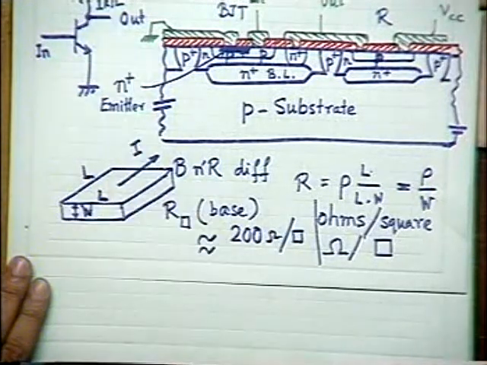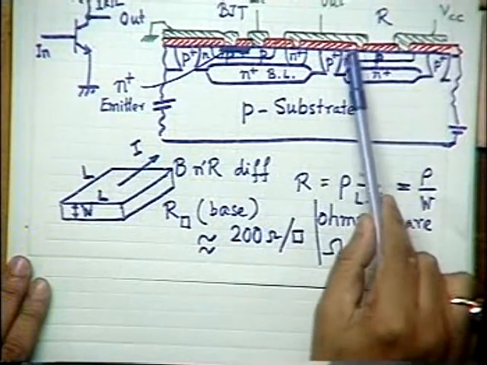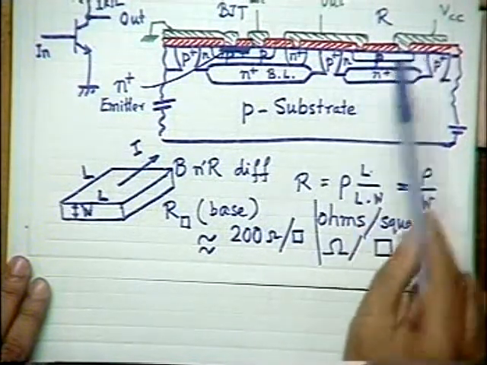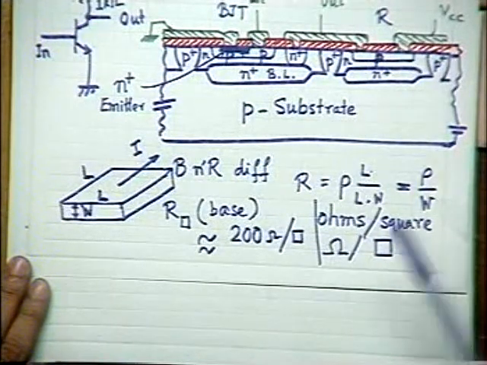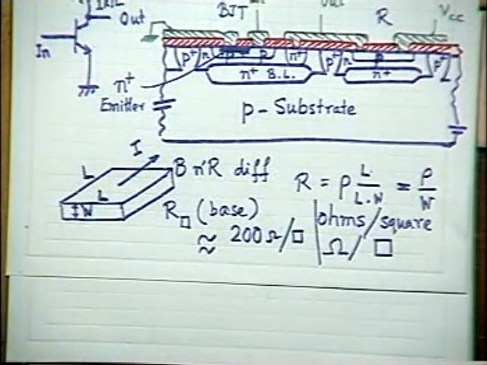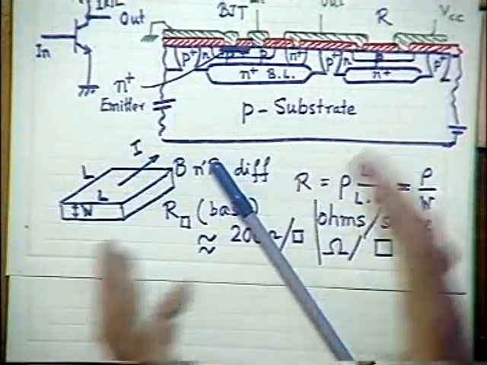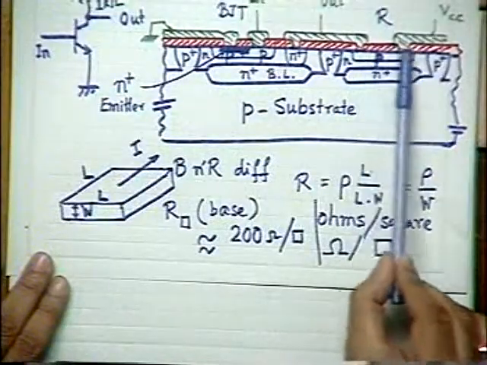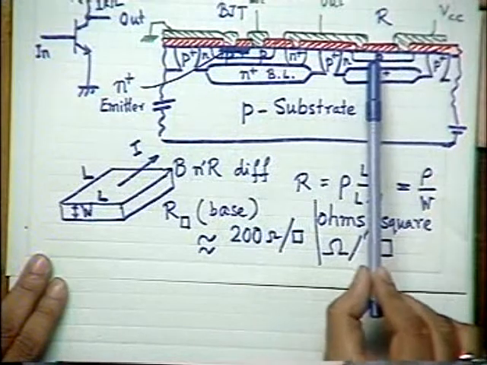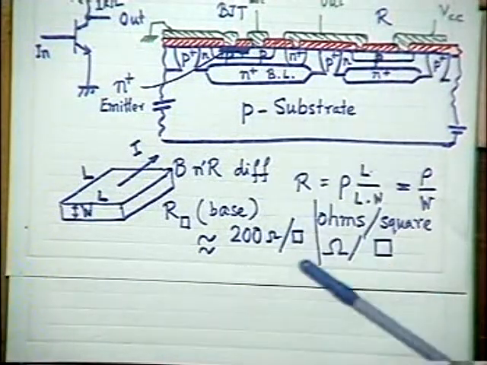How to realize then 1 kilo ohm? I have to shape this base layer here such that the length is 5 times more than the width, so that there are 5 such squares present. 200 ohms per square means when I stack 5 squares serially, the resistance will be 1 kilo ohm. So what we do simply, we shape this particular region in such a way that its aspect ratio, the length by width, is 5. Showing it, so for the resistor, it will be something like this.